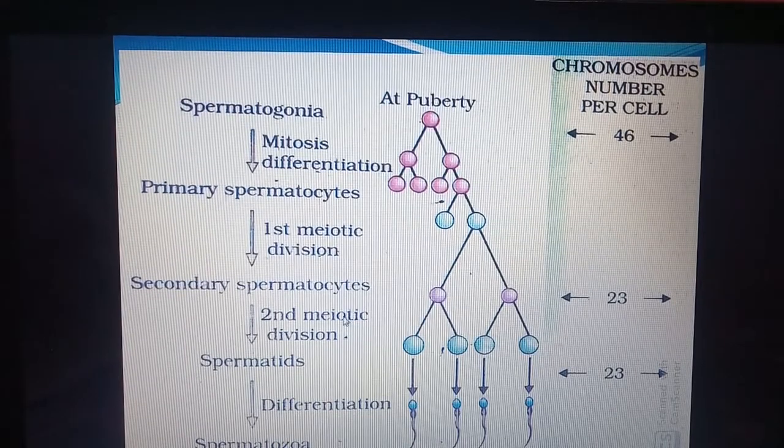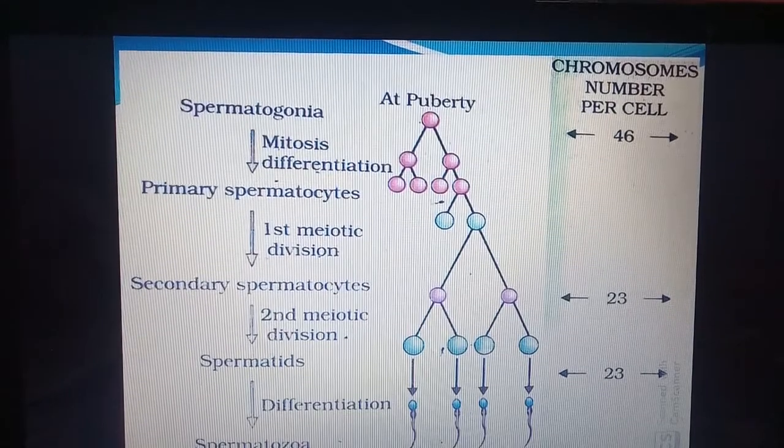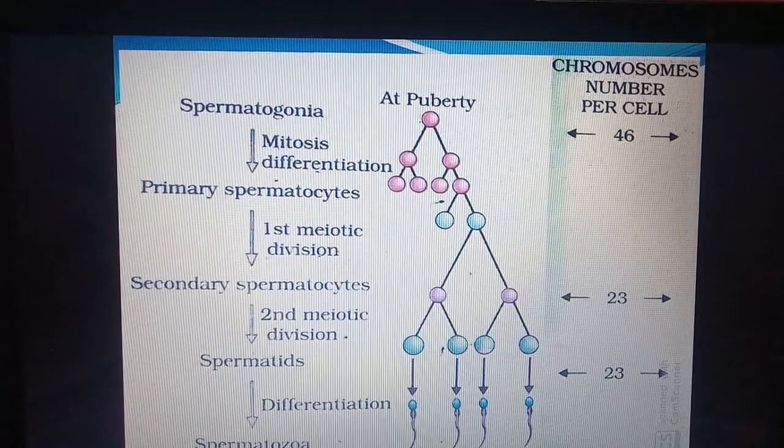Then the second meiotic division takes place and the number of cells increases, but the ploidy remains the same. So secondary spermatocytes change into spermatids, and then there is differentiation to form sperms. We can see that the cell changes its shape into a tadpole-like structure with a head and a tail, which is the mature sperm.